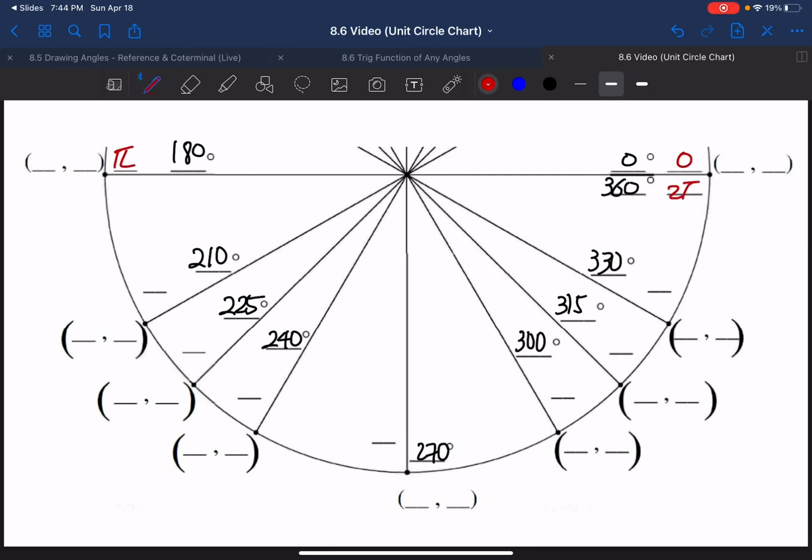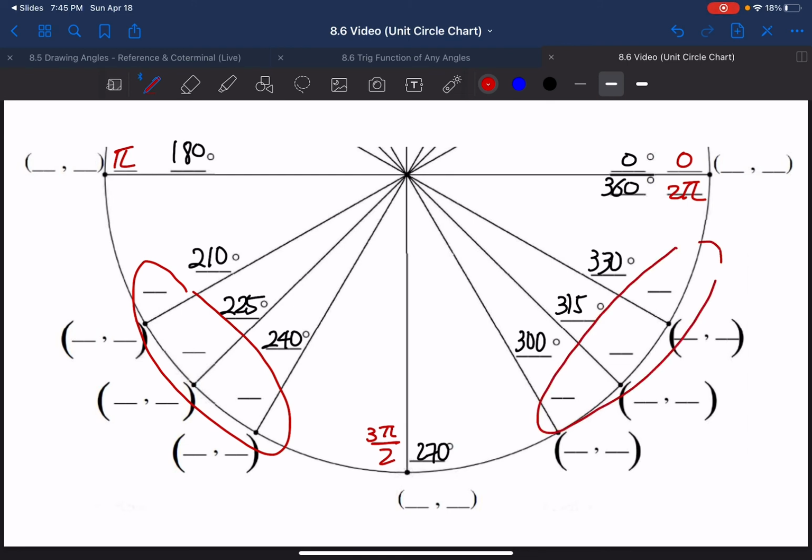I'll label everything. Okay, and then you are going to convert all of this in radian as well. 210 times pi over 180, and then you will find the answer and so on, okay? And that's going to be your job today.